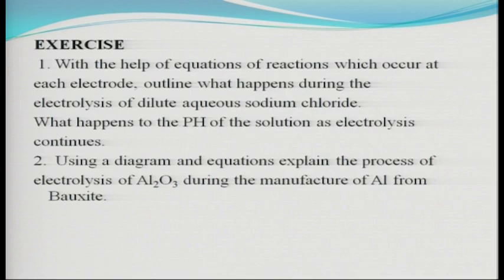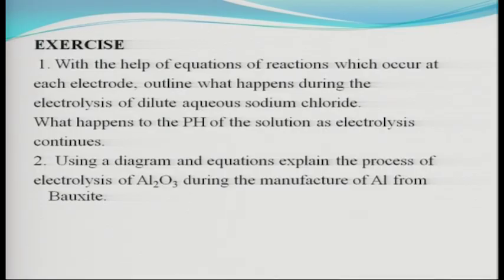I'm going to leave you with an exercise. Hope you've understood what we have been talking about. If you have any question, you can ask. So here is an exercise for you. You try it out, very simple. If you followed what we have discussed, our exercise is very, very simple.